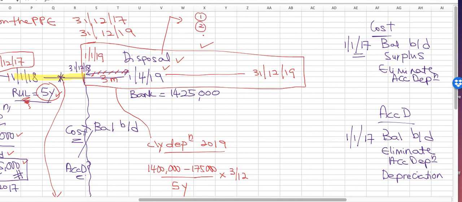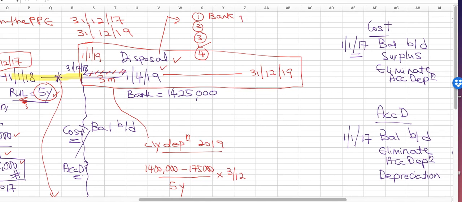This is standard, 4 things that you have to do when there is a disposal of an asset. Firstly, of course, you get money, so your bank increases. Next, when you dispose, you have to remove your cost. You have to remove the accumulated depreciation. And then you will get gain or loss on disposal.